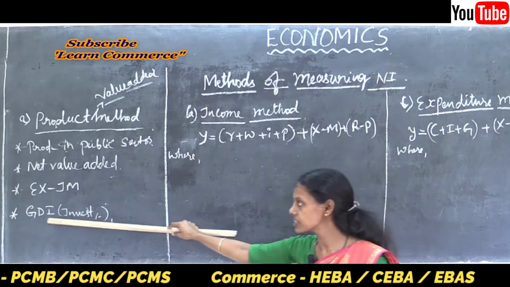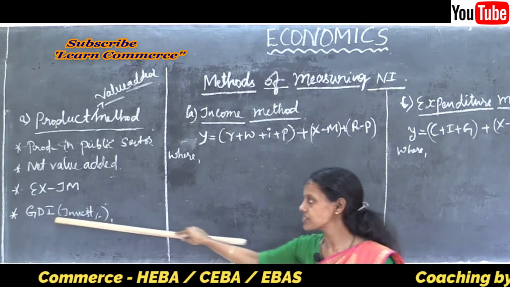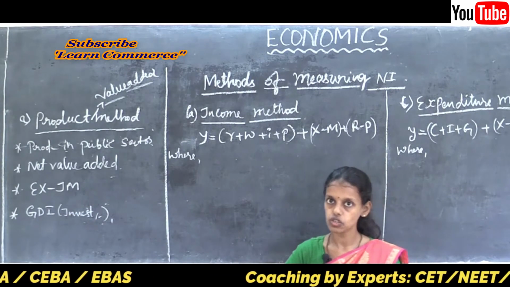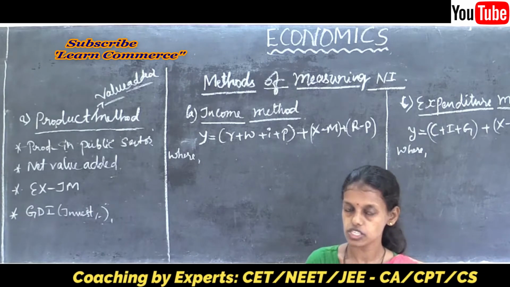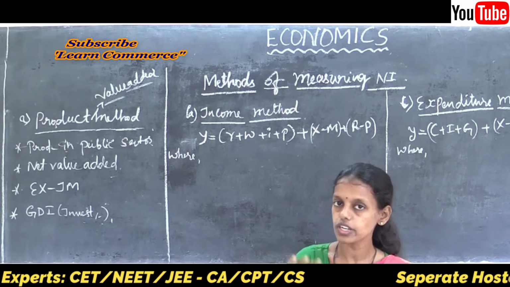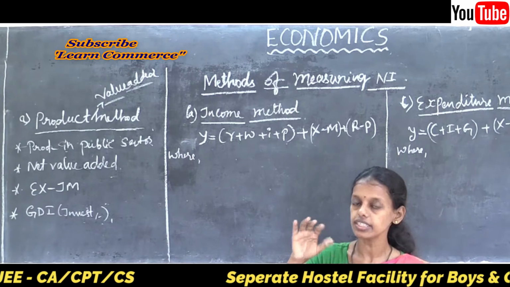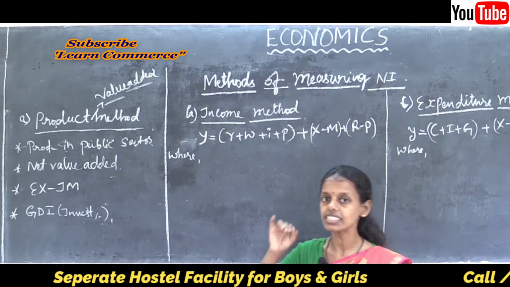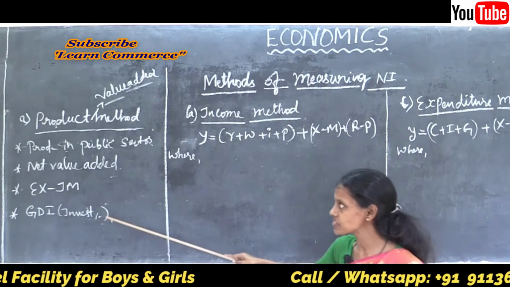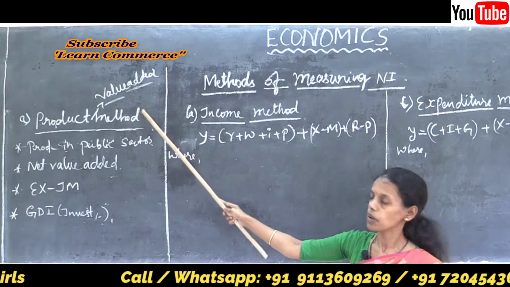Here we are also considering the gross domestic investment. Gross means total, domestic means internal, so total internal investment in the country is also considered while calculating by the product method.